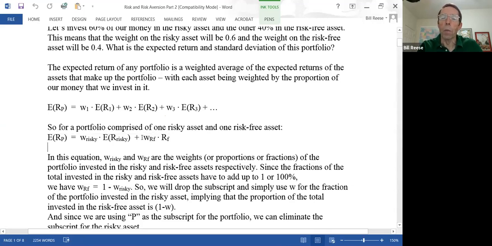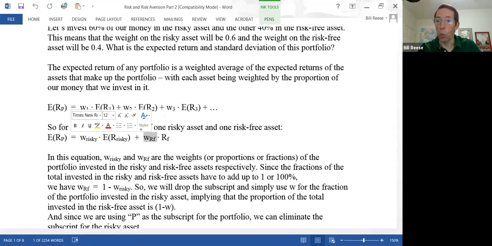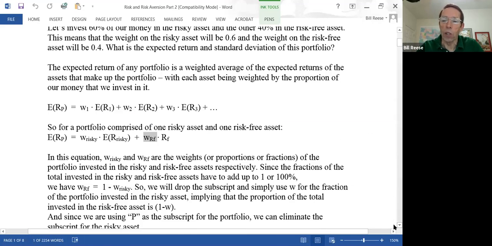Therefore, the weight on the risk-free asset is equal to 1 minus the weight on the risky asset. So instead of saying W sub risky for the weight on the risky asset, we'll just say W, because we don't need a weight on risky and a weight on risk-free anymore.